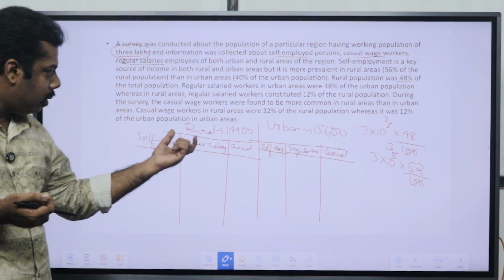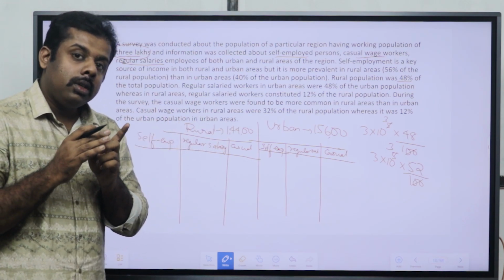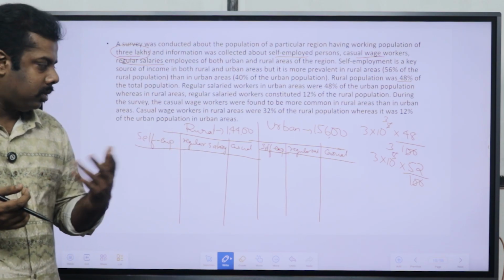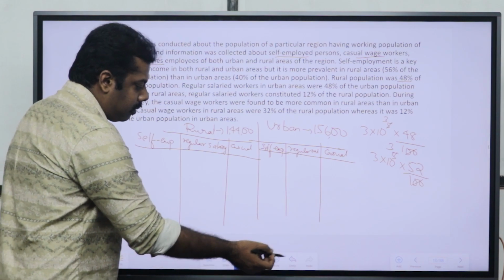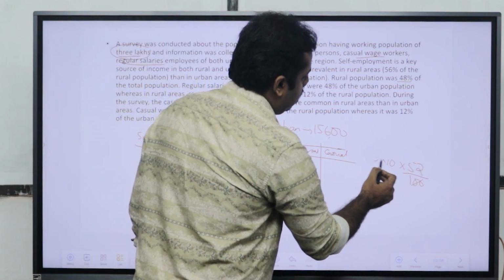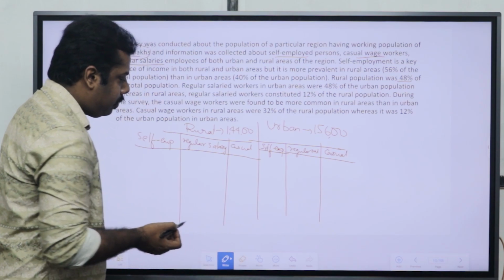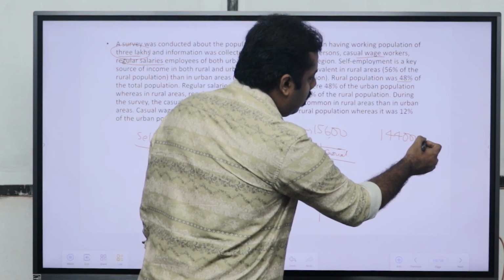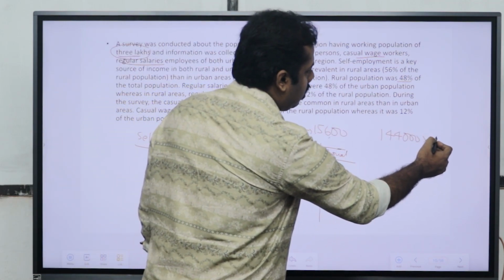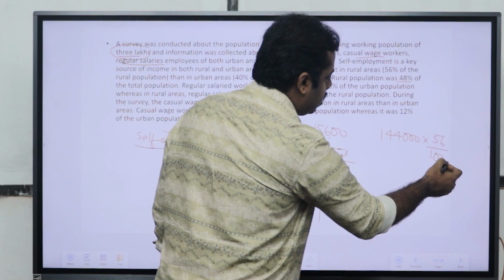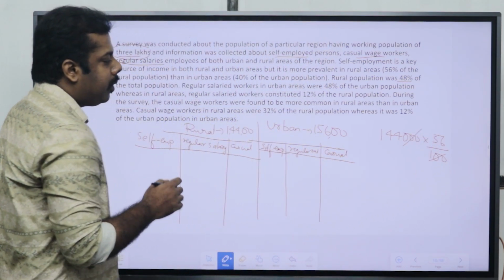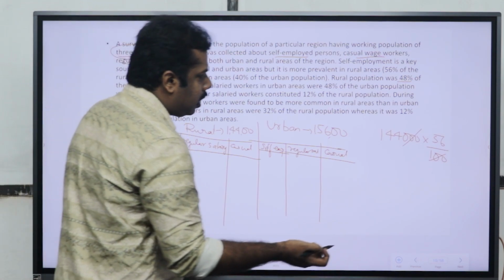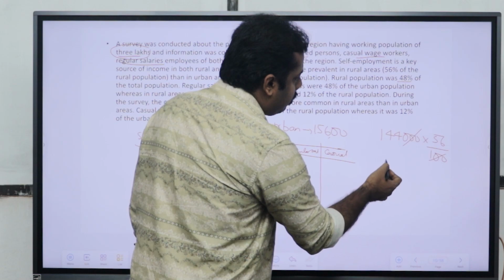As we know, the rural population is 1,44,000, so 56 percent of that gives us the self-employed people in rural areas. Let us find it out. The total rural population is 1,44,000, and of that 56 percent. Cancelling it out, we get 1440 into 56, that is 144 into 56.